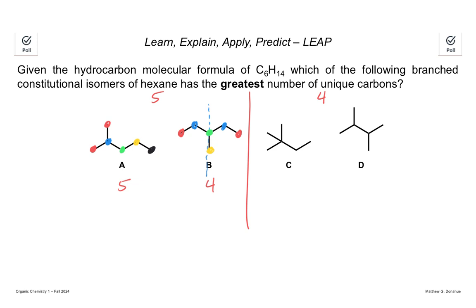What about C? How many unique carbons does that have? It's going to have 4. All these 3 methyl groups are the same. They're bonded to a carbon with no hydrogens.